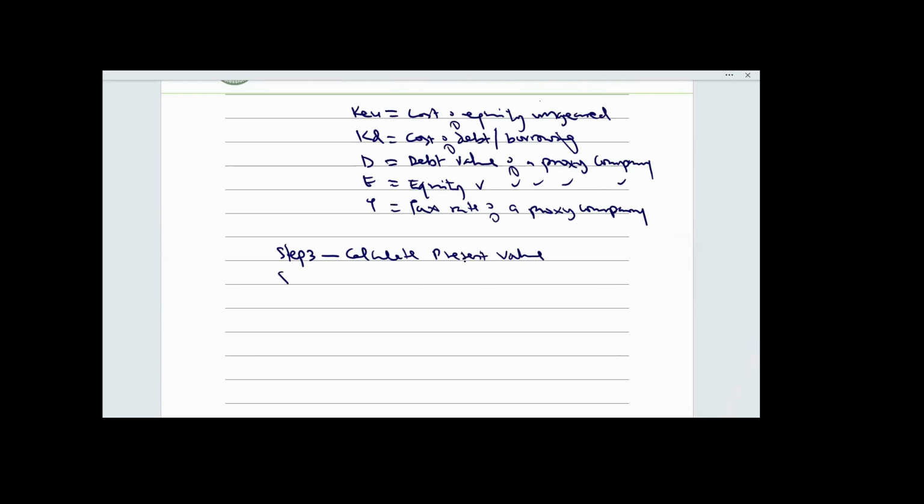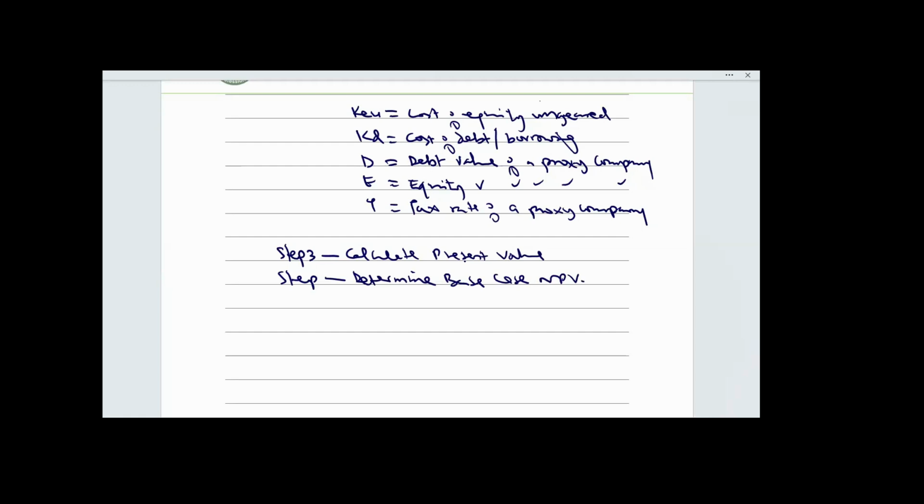Then step 4, you already know how to calculate present value: present value of cash inflow and cash outflow. Then step 4 is to determine base case NPV. How do you do this?